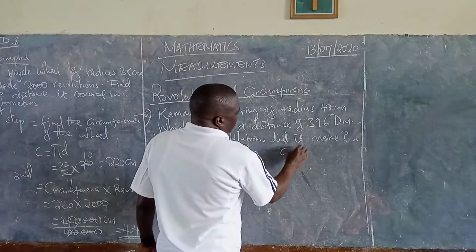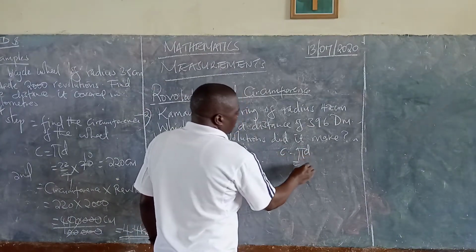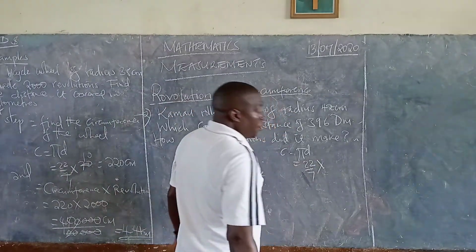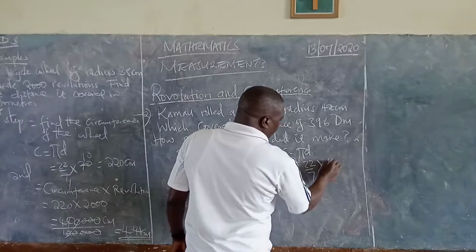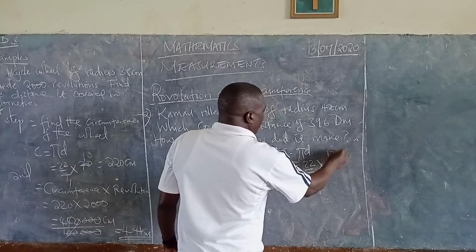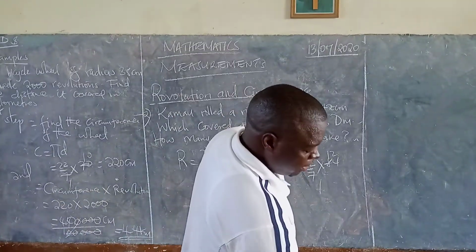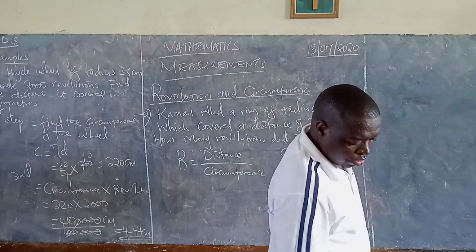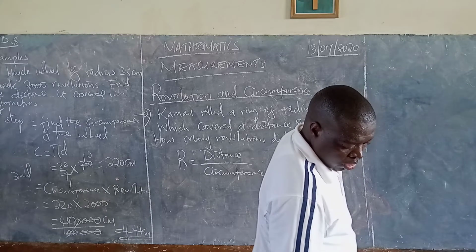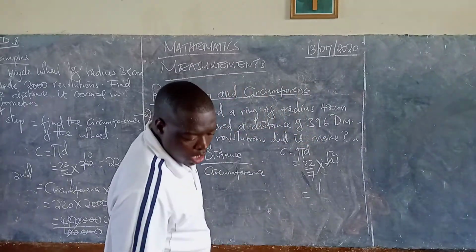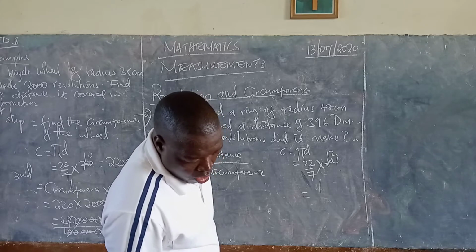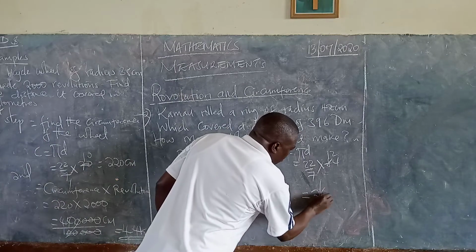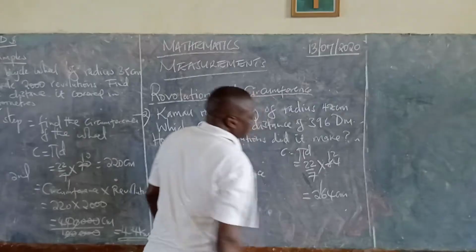Circumference is equal to pi d, which is 22 over 7, and our diameter is 84, since the radius is 42. 84 divided by 7 is 12. So multiply 22 by 12, and we have 264. So our circumference is 264 centimeters.